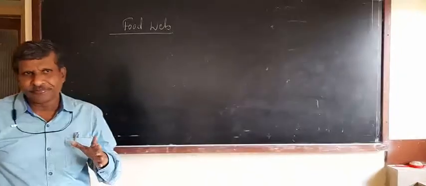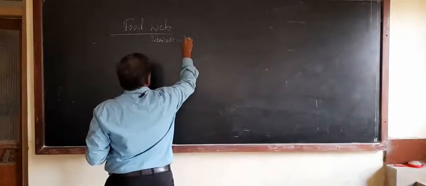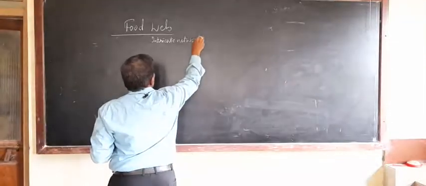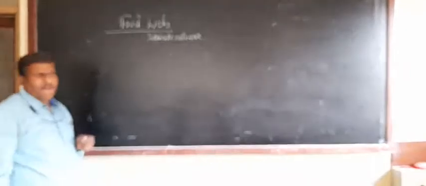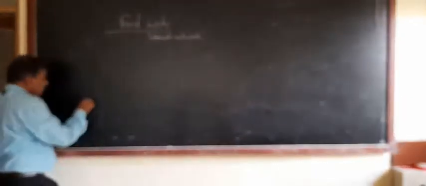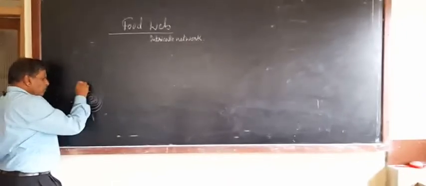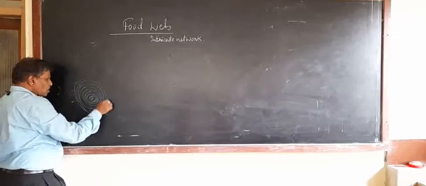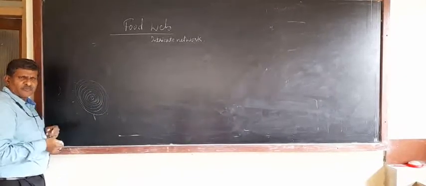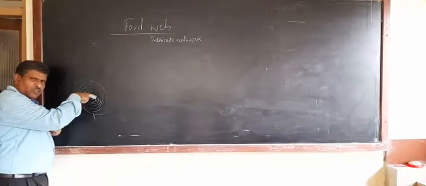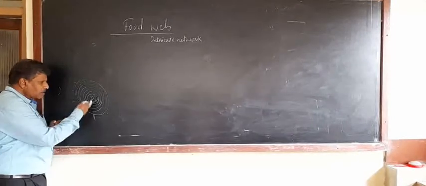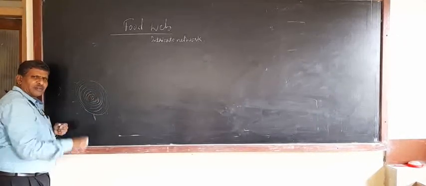Food web. Web refers to an intricate network. Suppose you consider the spider web. There in the spider web, you will find the presence of strands which are arranged in a circular fashion, one over the other.